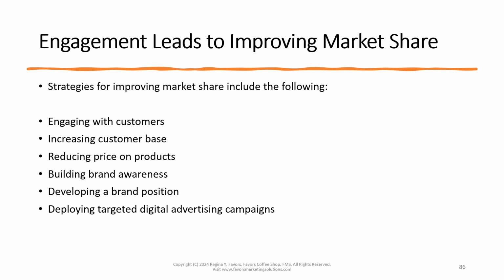So to increase your market share as an emerging business, you're going to have to build brand awareness, maybe offer discounts on products during certain times, increase your customer base, maybe bring in brand loyalty objectives, and of course engage with customers.